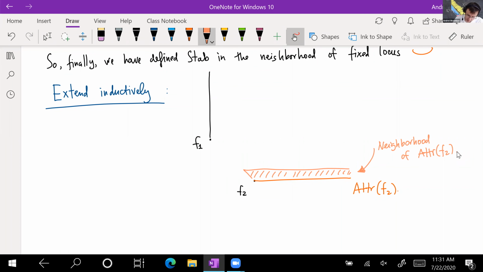And then there will be the attracting manifold of phi1, take out what I've constructed before, and its neighborhood. And then there will be the rest of X.